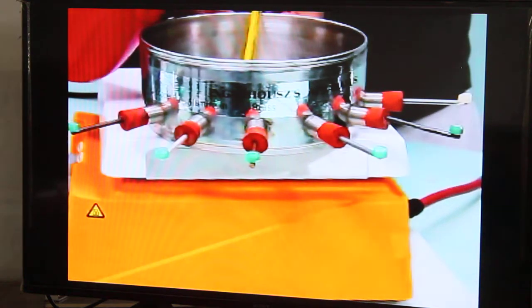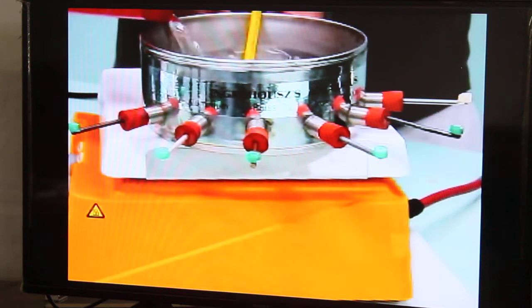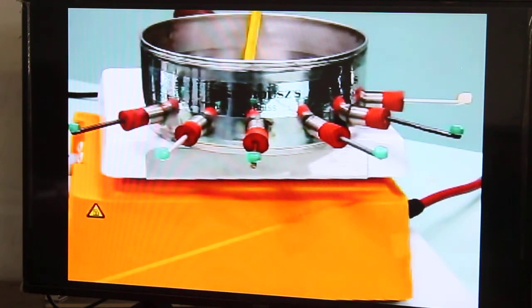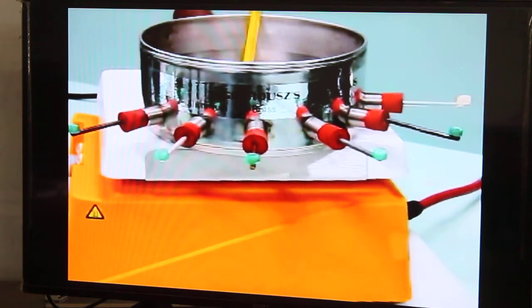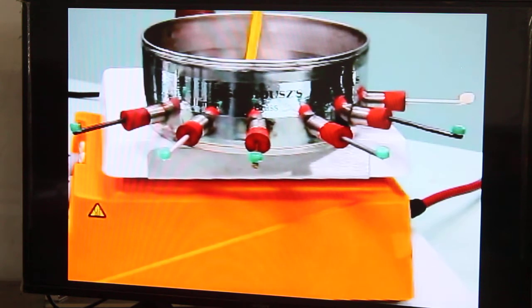Sure, when I pour hot water into the metal pot, all the rods will be heated up and at the same time conduct heat to the candle wax. Given enough heat, the wax will ultimately melt. Hence, the faster the candle wax melts and drops from the rod, the better the conductor of heat the rod is. Let's wait and see.